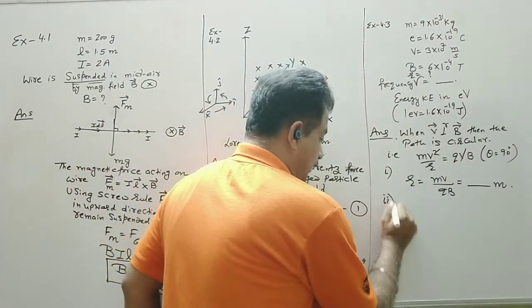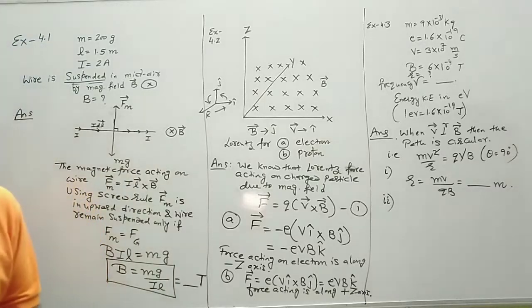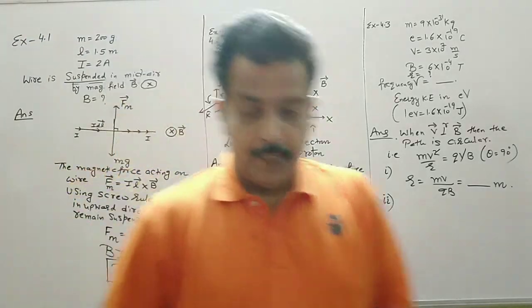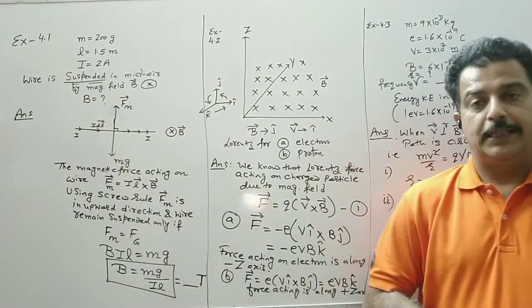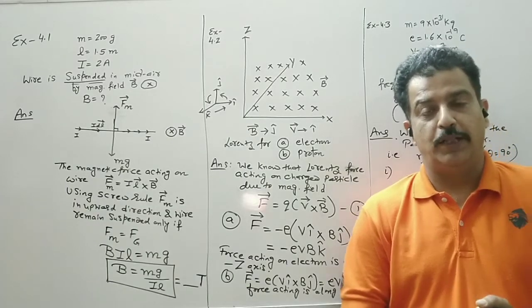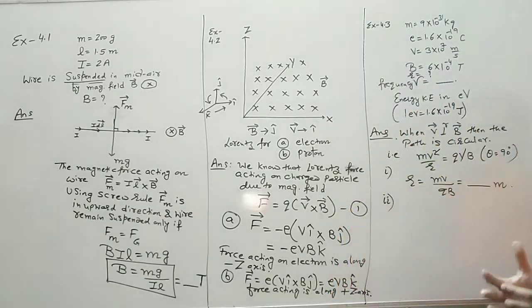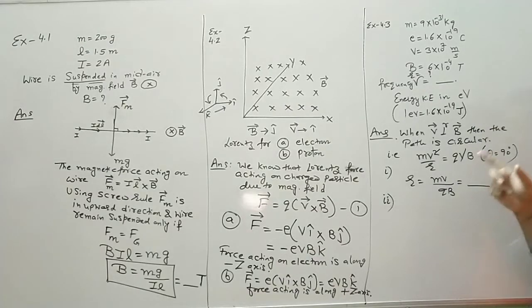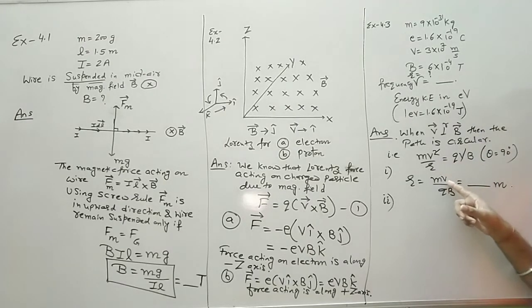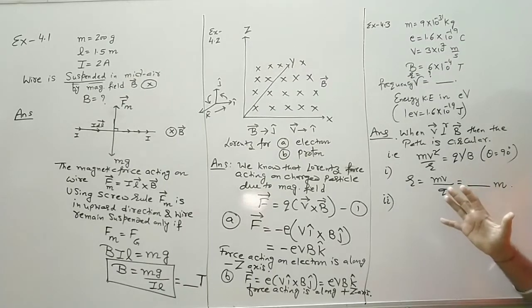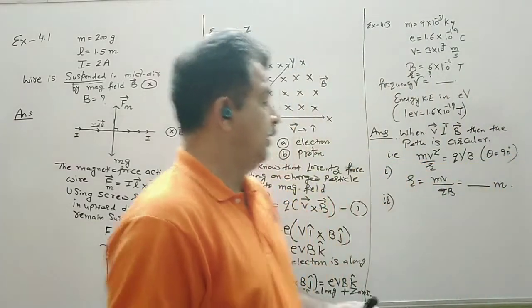In the second part, we have to find out the frequency. So directly, if you know the formula for frequency, you can apply that formula. Suppose you don't remember this formula, again in the place of v, you can write r omega. So r will be cancelled here, it will be omega, and omega will be written as 2 pi f, that is the frequency.